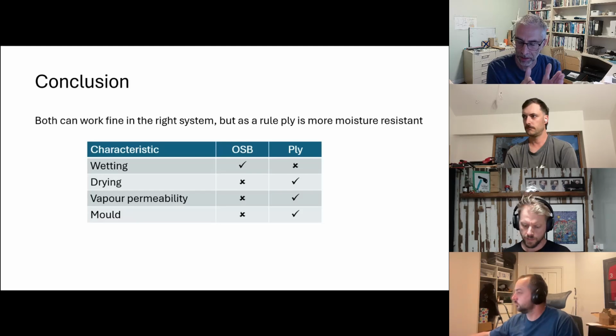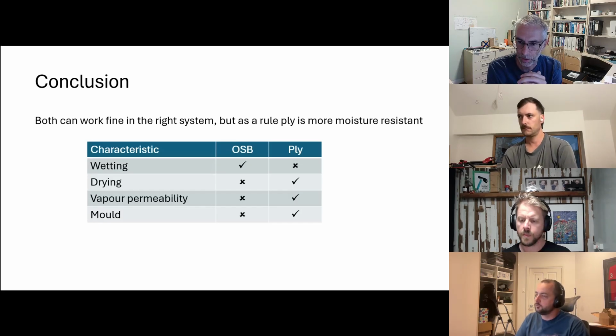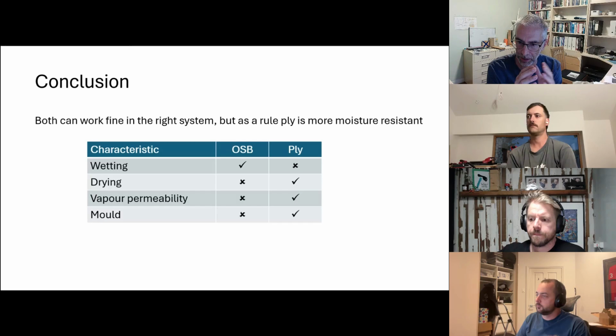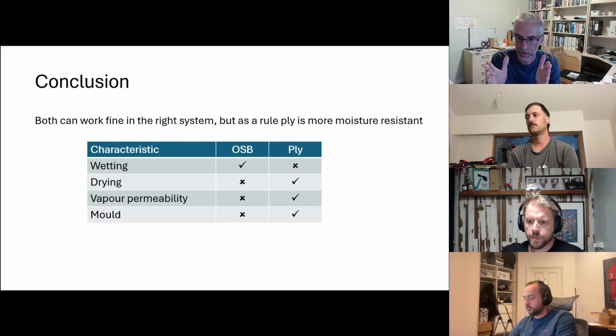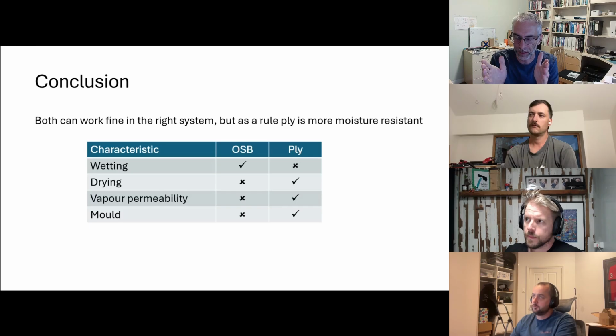So an SD value of a vapor permeable membrane like a Pro Clima Extensa or a Mento is about 0.05 meters, measured in meters. It's the thickness of air with equivalent vapor resistivity. So something like Extensa is equivalent to 0.05 meters, 5 centimeters of air.